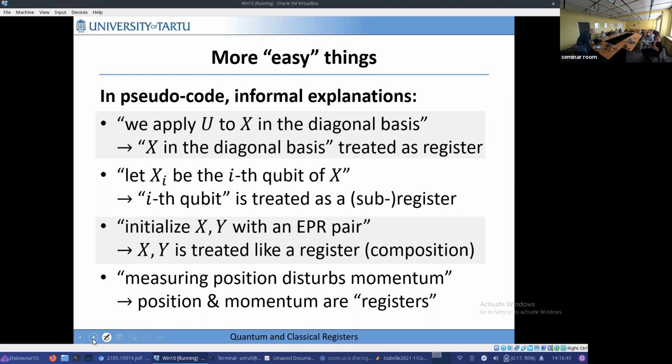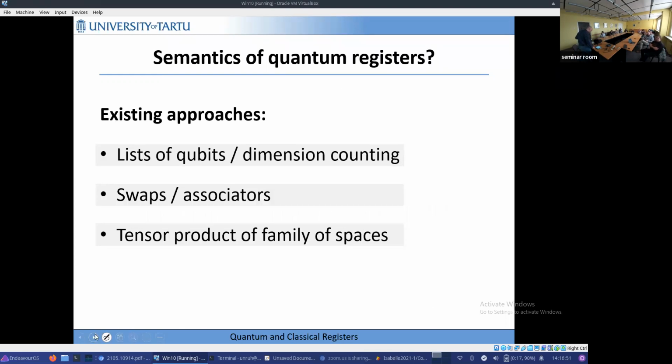Okay, so this is this gap between what we informally do very happily when we are talking about quantum circuits and the mess we are in when we are trying to do it formally. So there are approaches, like I already mentioned the swap associators thing. You could also say, well, my quantum memory just consists of qubits, and any register is just a list of indices of qubits.